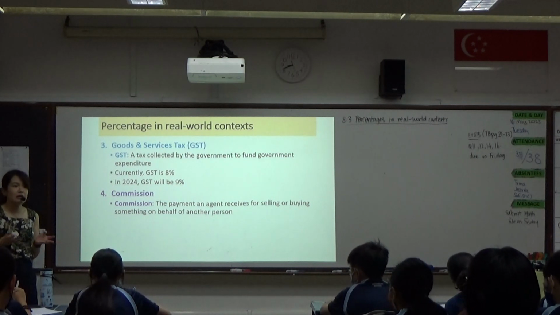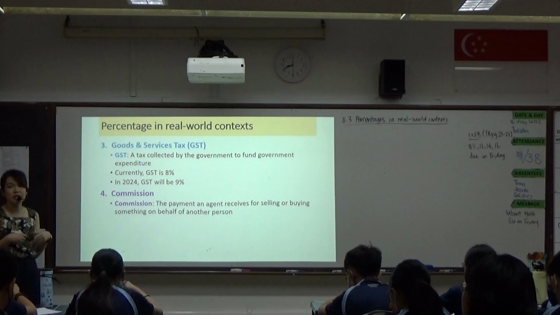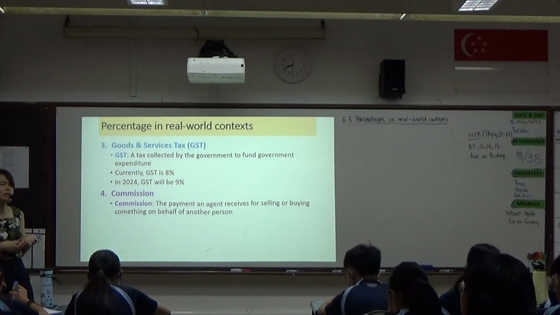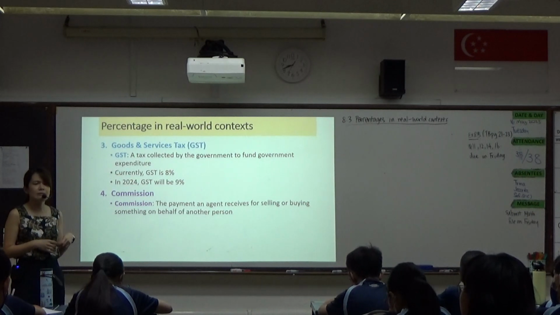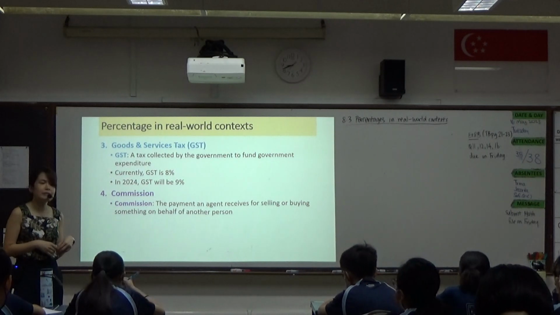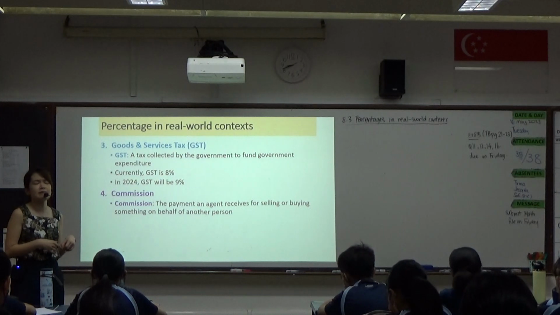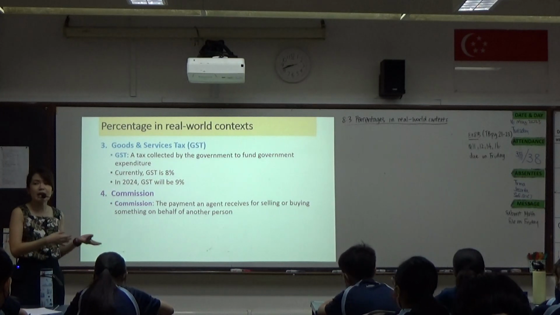So they are actually earning commission. Usually, if I'm not wrong, a property agent receives about 1 or 2% of the selling price if they have helped you to sell the house. It can be quite a bit.